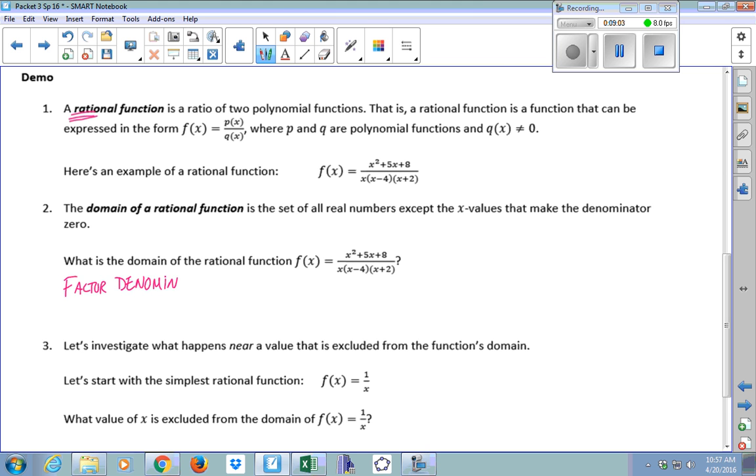And here we have a little bit of a break because I've already factored it for you, right? So it's already done. So if we look at each factor in the denominator and set it equal to 0, then we can find the spots where our function is undefined, and that means we're going to have vertical asymptotes there. So look at each factor in the denominator, set it equal to 0, and find the excluded values of x from the domain.